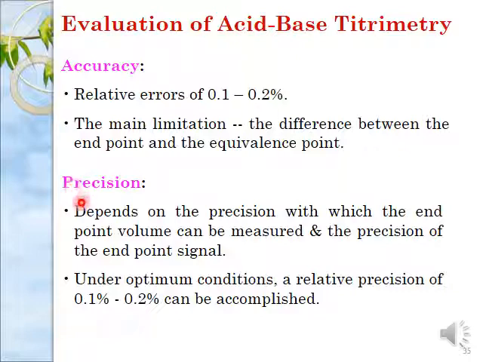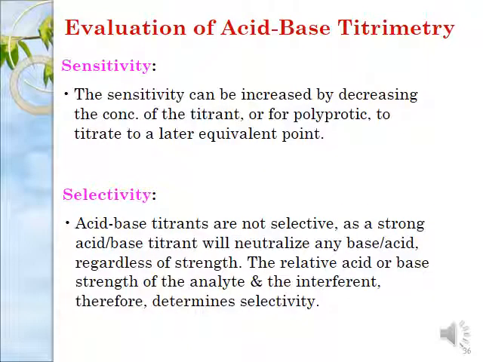Under optimum conditions, a precision of 0.1 to 0.2% can be accomplished. In terms of sensitivity, acid-base titration can be increased by decreasing the concentration of the titrant. And if it involves a polyprotic sample, we titrate to a later equivalence point, meaning the later inflection point.